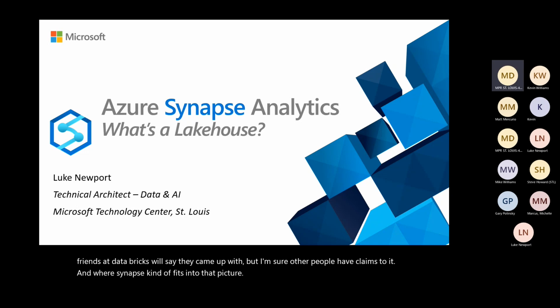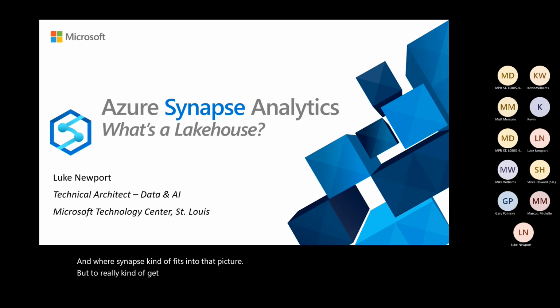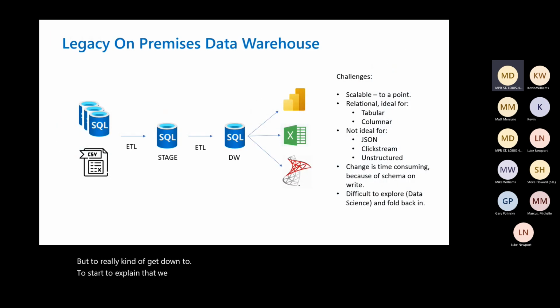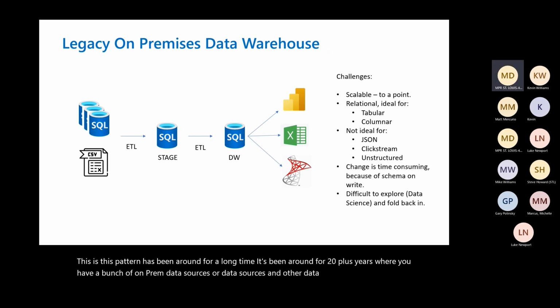But to start to explain that, we have to think about the history of the legacy on-premise data warehouse. This pattern's been around for 20 plus years, where you have a bunch of on-prem data sources or data sources in the data centers, maybe some CSVs.